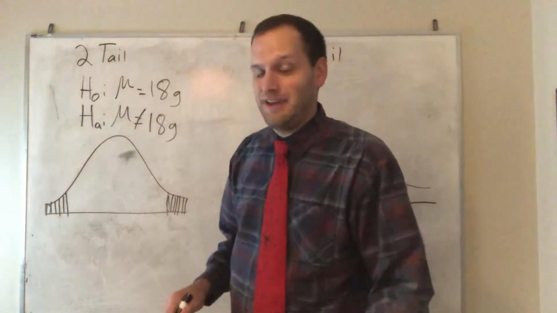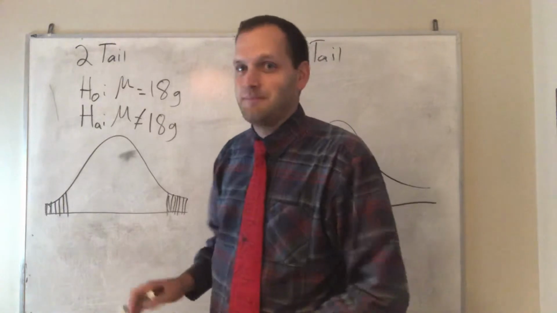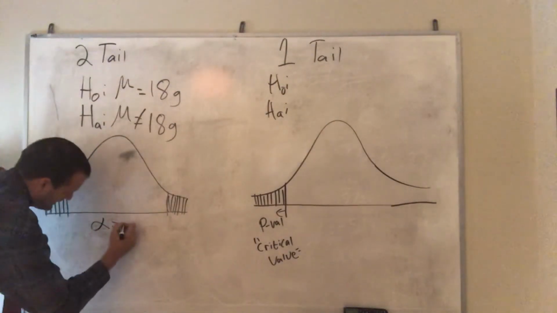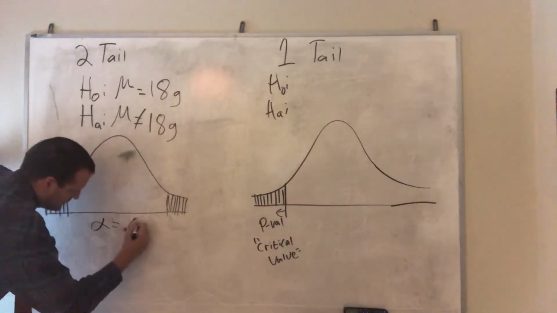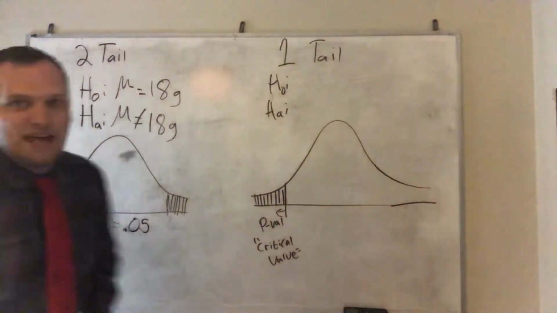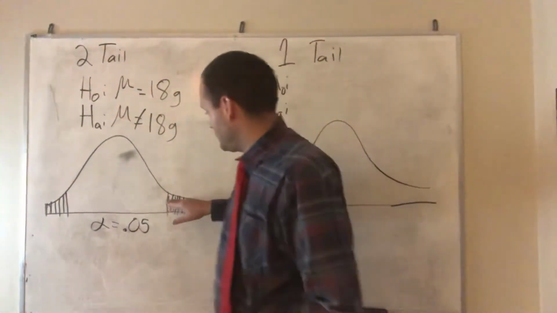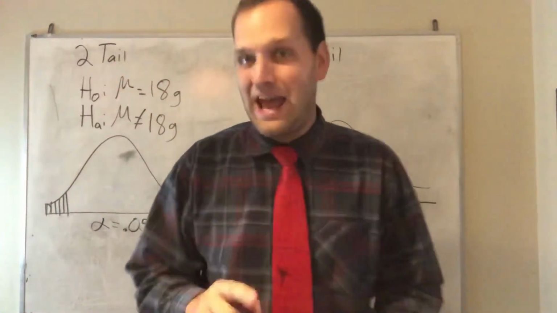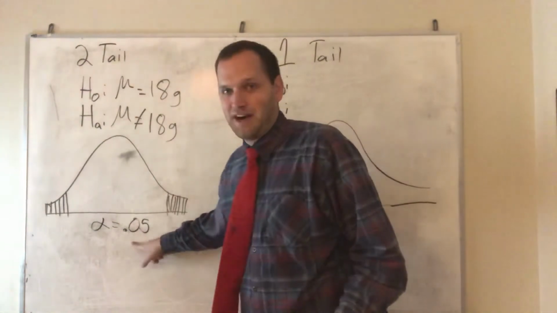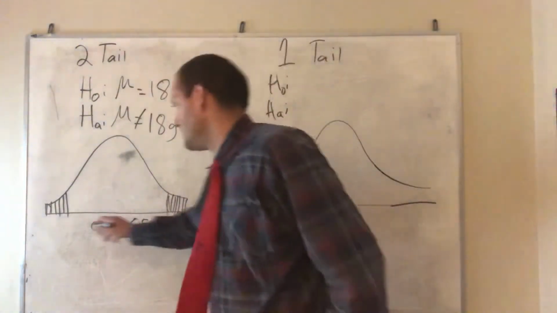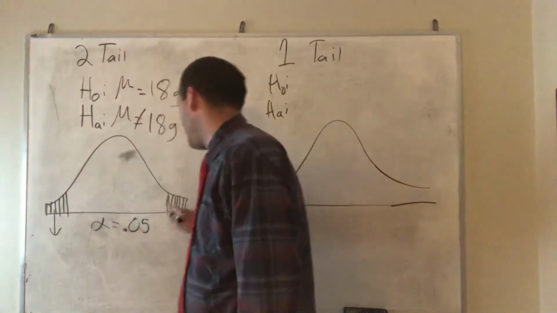With a two-tail test, here's where the trick comes in. We've been talking about alpha. Now, alpha is whatever, 0.05. That is the total critical region. So the critical area here and here have to add up to be 0.05. So when you have a two-tail test, what do each of these have to be?